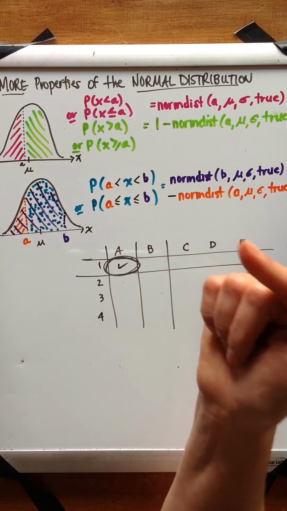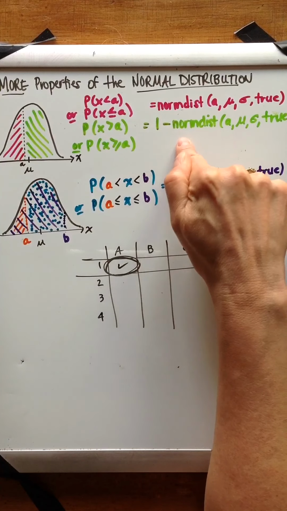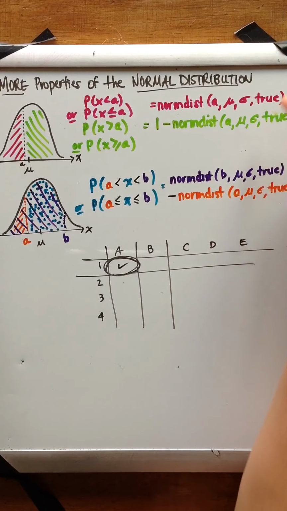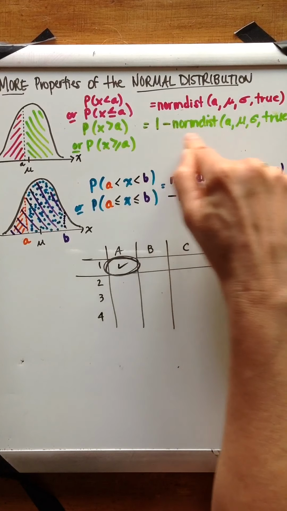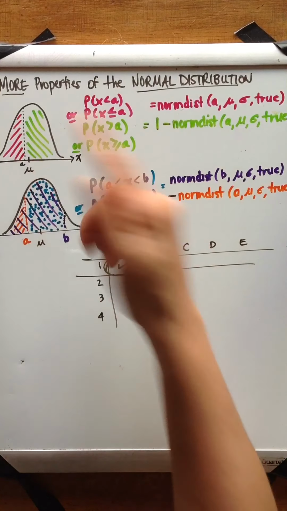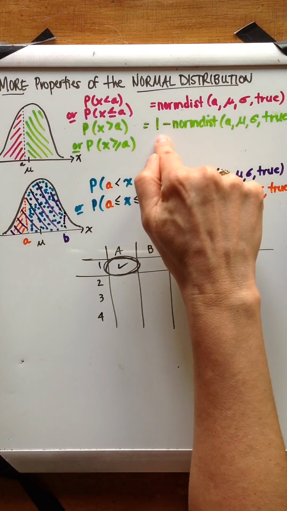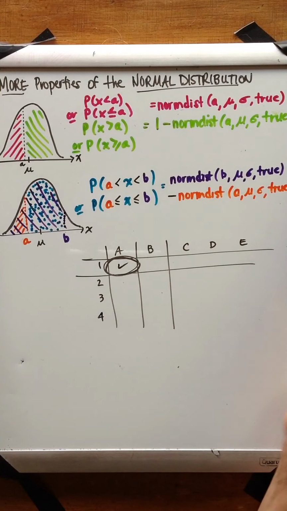However, programming that into Google Sheets, you can do it as 1 minus, and you can put in the same information up above here as well. So it'll do this minus, this is essentially the pink, to give you the green. Okay, so one minor change in the programming in the cell of the spreadsheet.